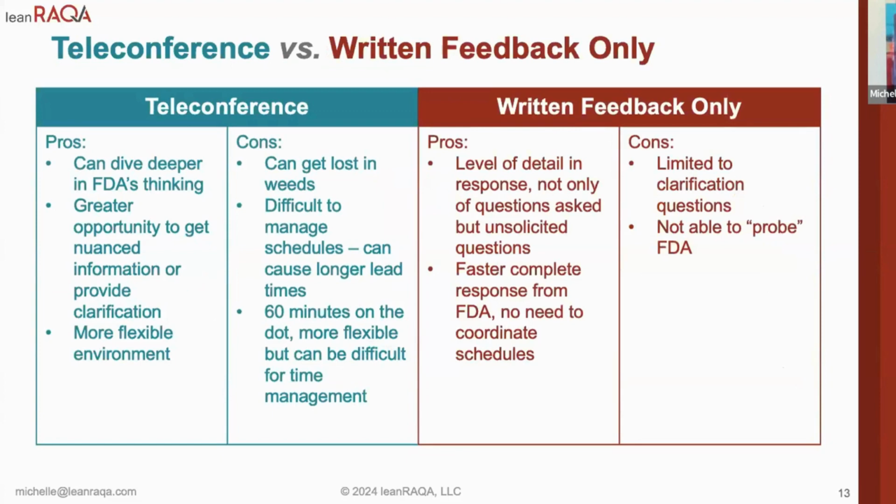On teleconferences, people may or may not have their cameras on. But also know that with teleconferences and meetings, these are hard stops at 60 minutes. So you've got to manage this on the nose to make sure that you're very efficient with your communication.